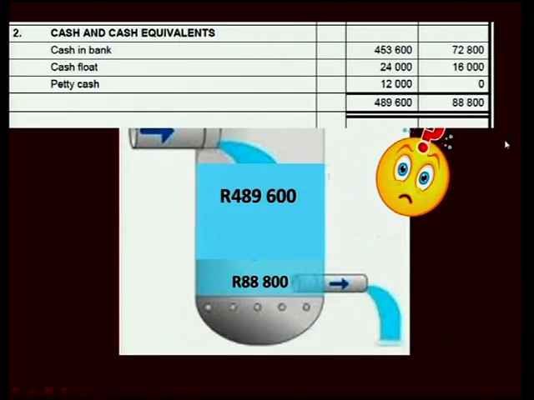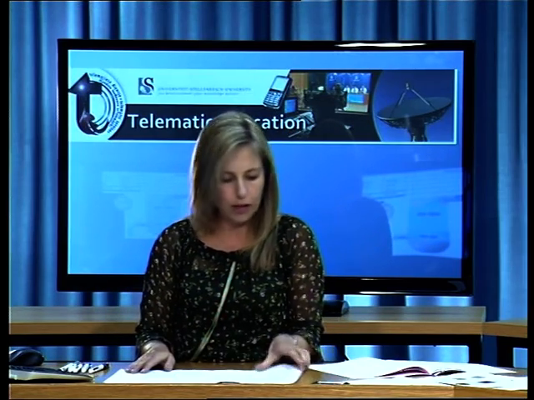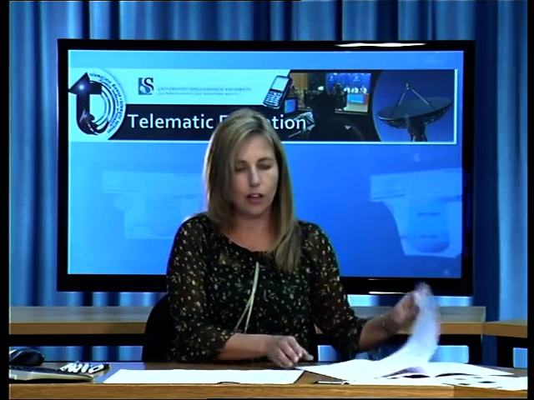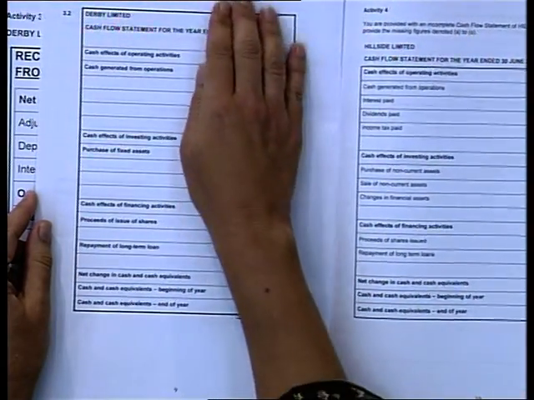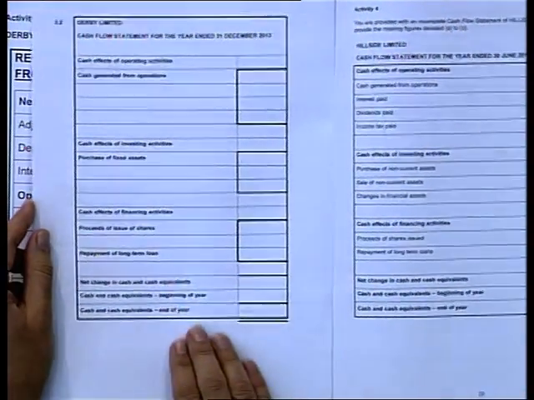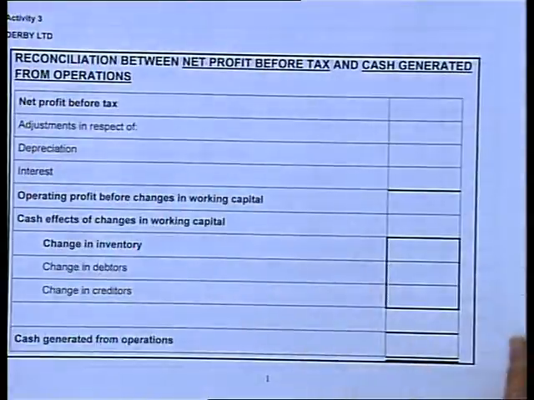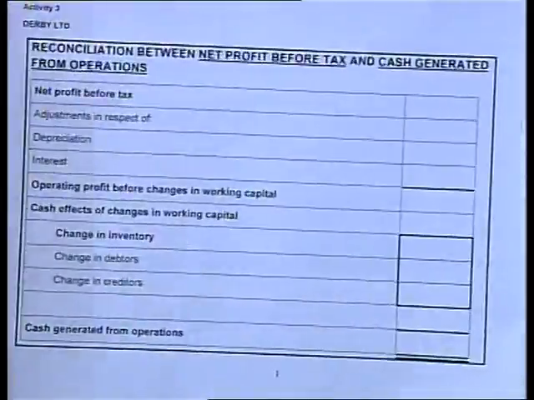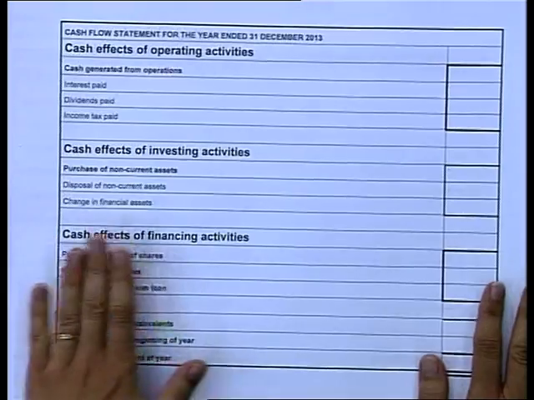So I'm going to try and explain that to you, looking at the different ways a cash flow statement is laid out. If you turn to page 9 of your pink book and have a look at the cash flow statement over there, I'm going to show you an enlarged version of that.